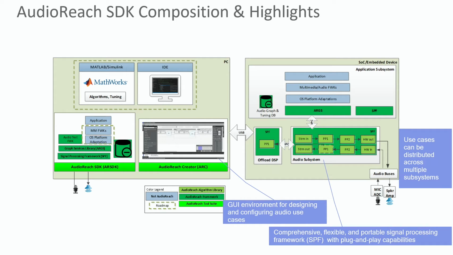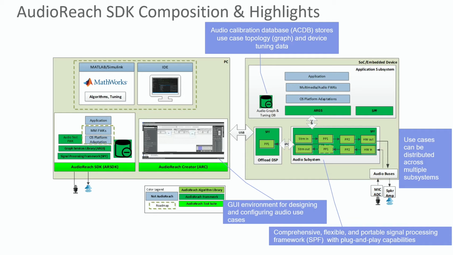So in the ARCs, you'll be able to partition your use case graph, running part of the graph on the main DSP as well as the offloaded DSP. And if you have some algorithm that's optimized for ARM, then you can offload it into the SPF running on ARM. All of this is hidden underneath, and it's all transparent to the applications.